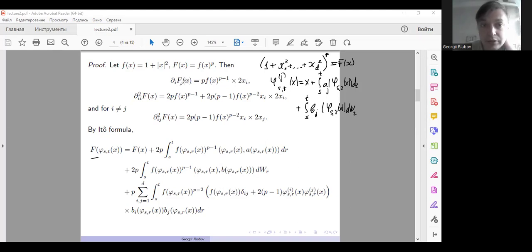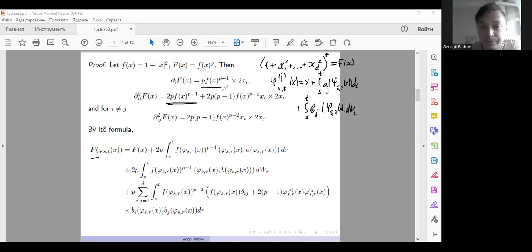The derivative of F in x_i equals p f of x to the power p minus 1 times 2x_i. The second partial derivative: when we differentiate twice in i, we get the summand 2p f of x to the power p minus 1.